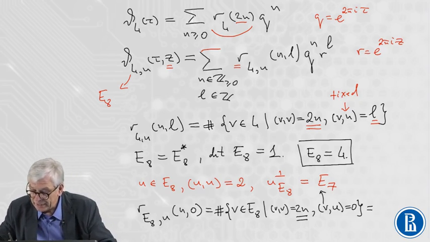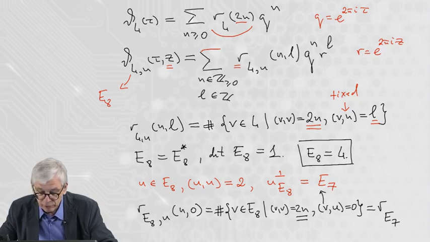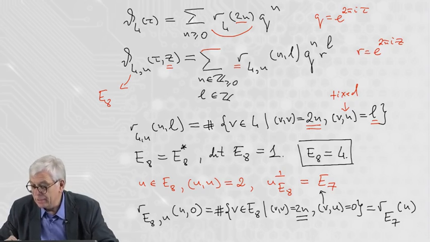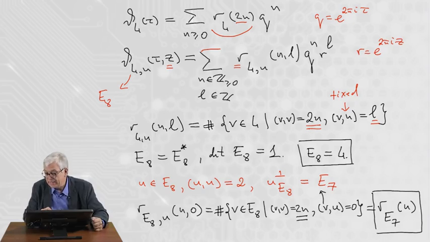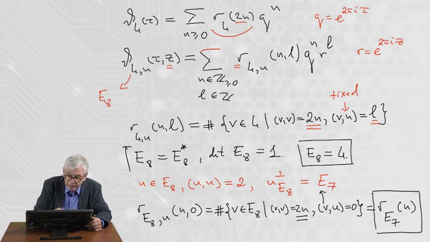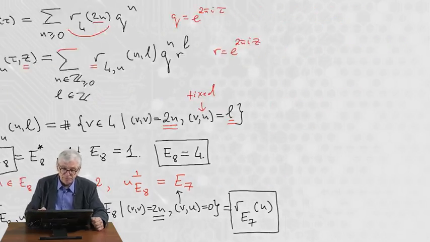Therefore, we get the number of representations of 2n by the lattice E7. So studying the Jacobi theta series of this type, we can analyze the number of representations by E7, which is much more complicated than the number of representations by E8. In our course, for example, we get an explicit formula for this arithmetic function.